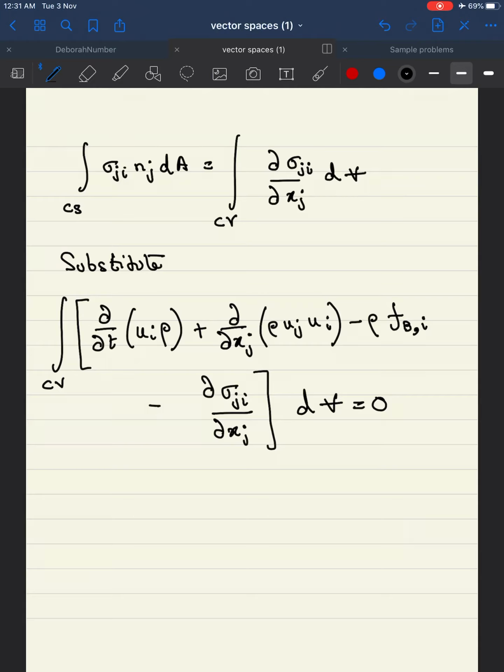So now, since this choice of control volume is arbitrary, this entire integral here has to be equal to 0, right?